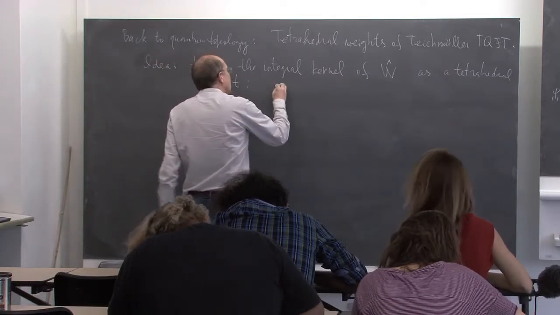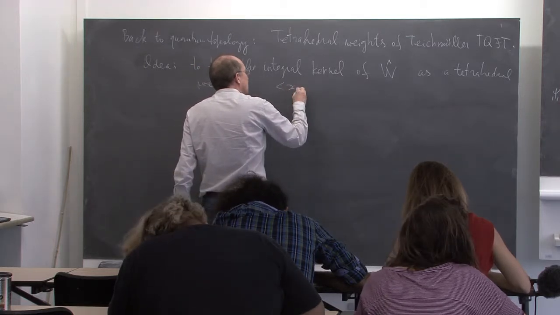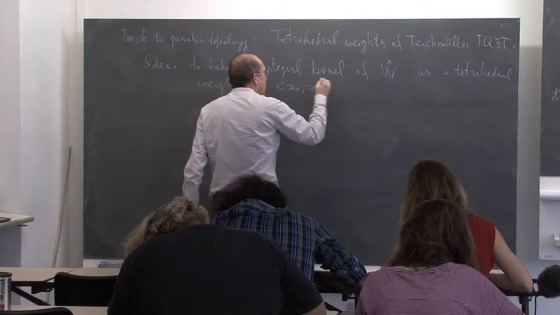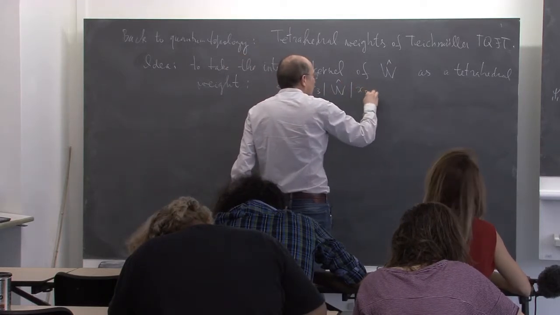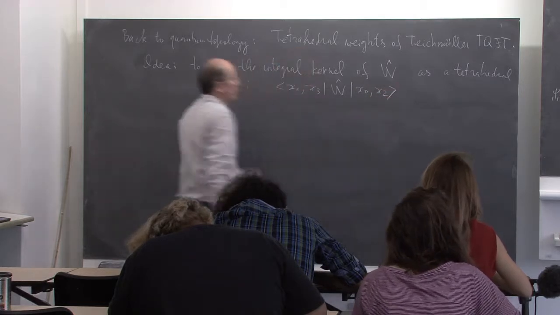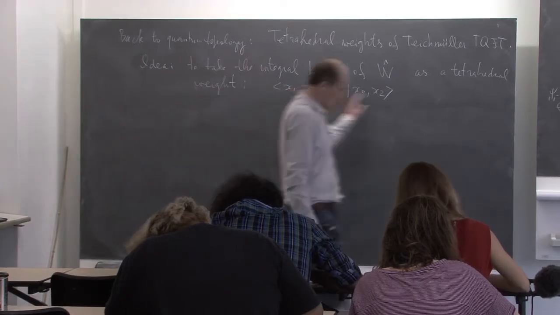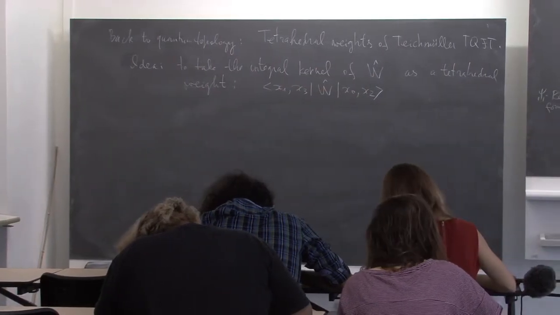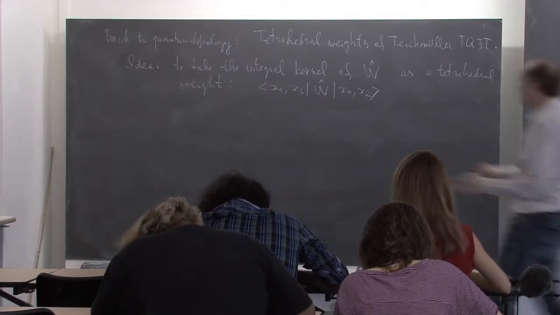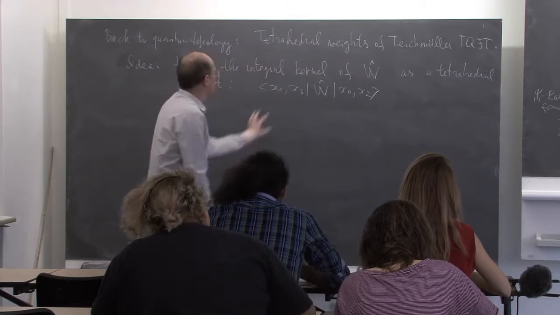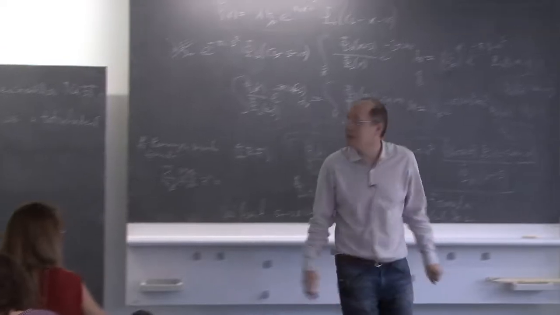I write it like x1, x3, W hat, x0, x2. That's the integral kernel. It's a distributional quantity, but we have 4 real variables corresponding to this matrix, the generalized basis vectors in the Hilbert space.